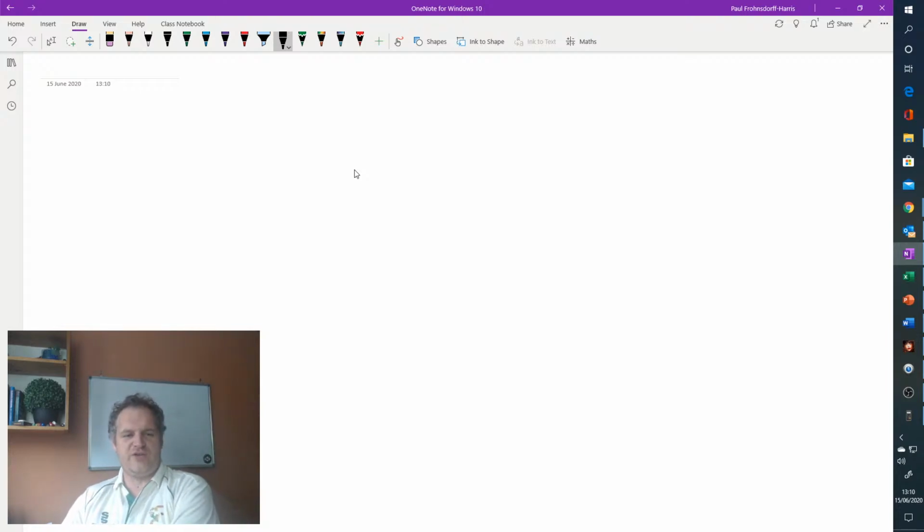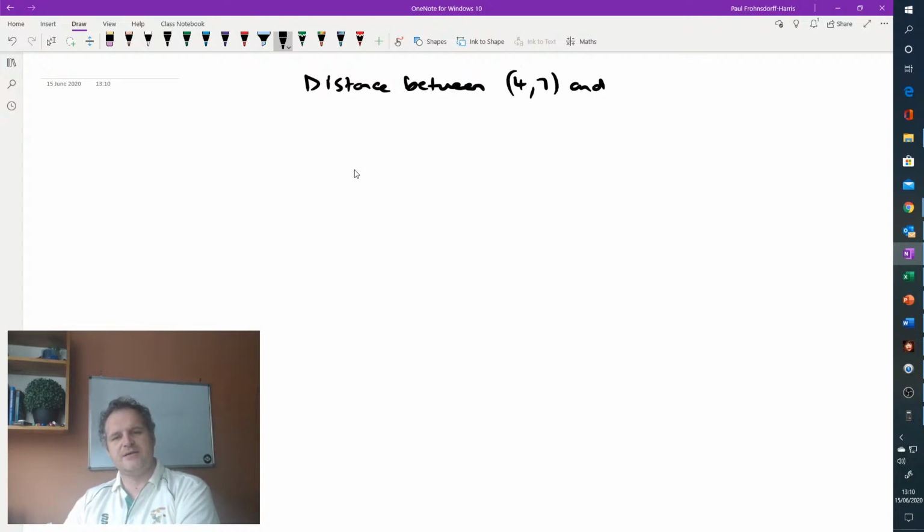The difficulty of this is, because this is all about the distance between 2 points, the only way we can do that is if we were told that the distance between 4, 7 and something is 6. It doesn't really make sense, because what that says is 4, 7 is here.